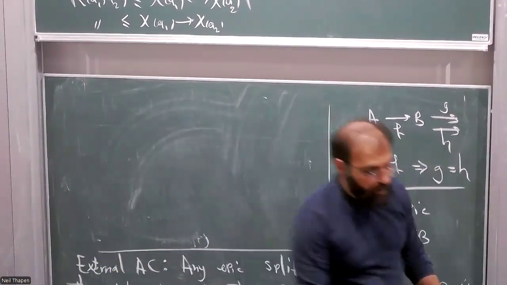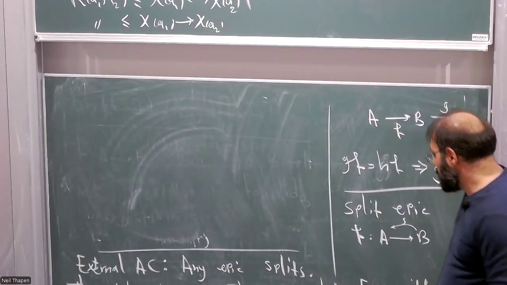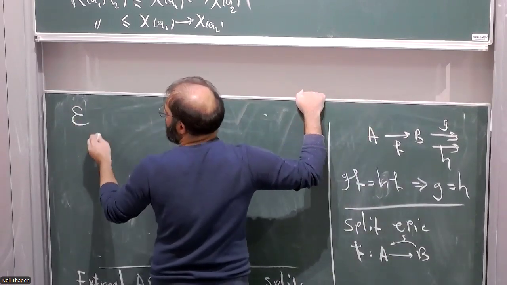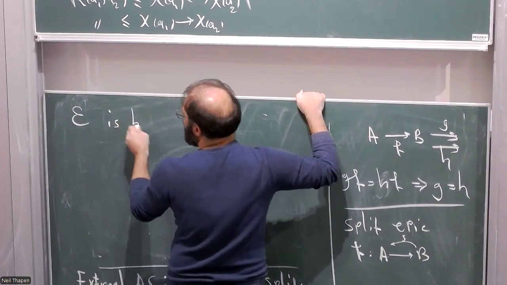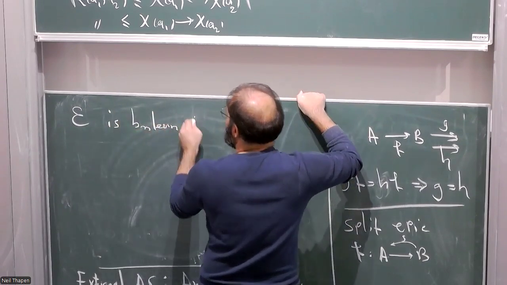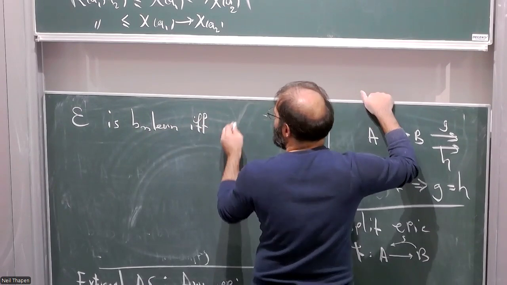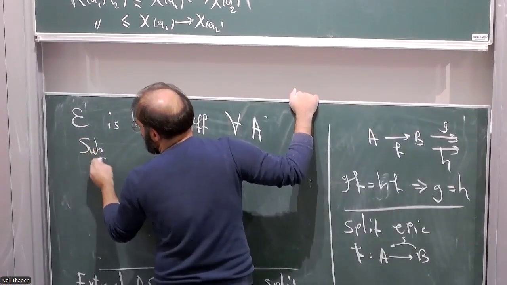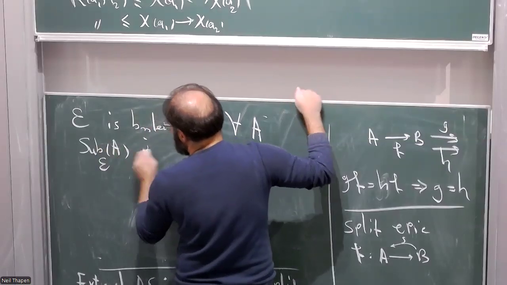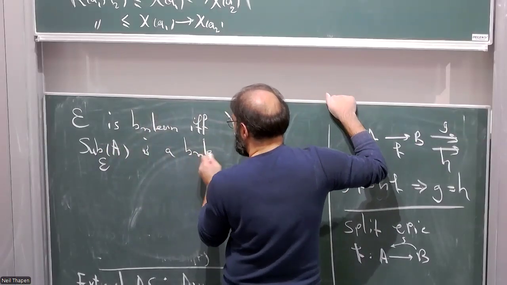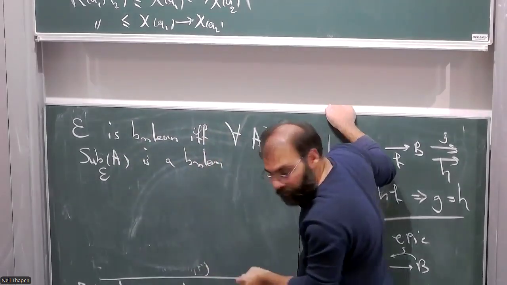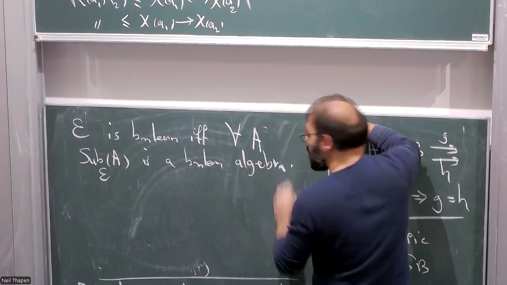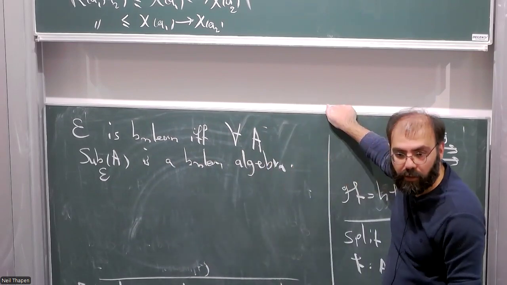So E, a topos, I defined it before: E is Boolean if, by definition, for any object A, Sub A is a Boolean algebra. It is always a Heyting algebra, but whenever it is Boolean for any object, then I call it a Boolean topos.